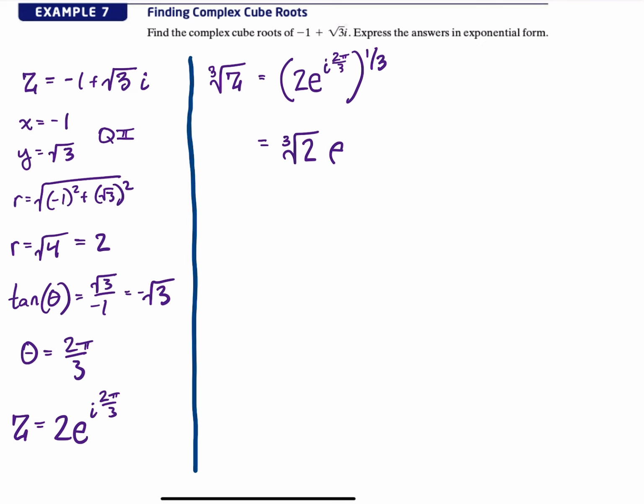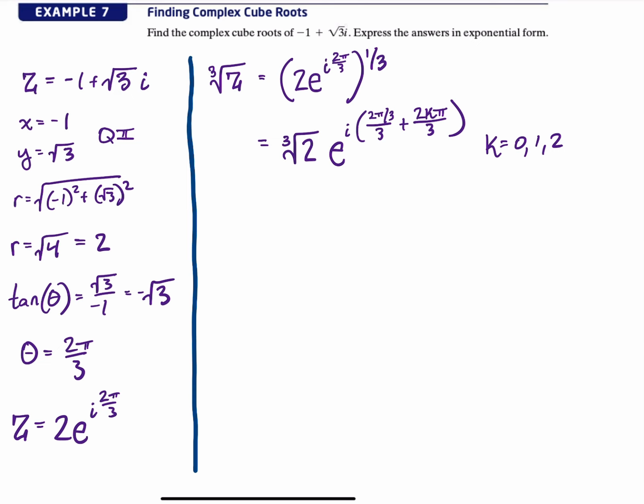And then we can express this as e to the power of i times our angle divided by 3. So 2 pi over 3 divided by 3 plus 2k pi also divided by 3. And we're going to want to find k values of 0, 1, and 2. So we stop right before 3. We still have 3 values, but we start counting at 0.